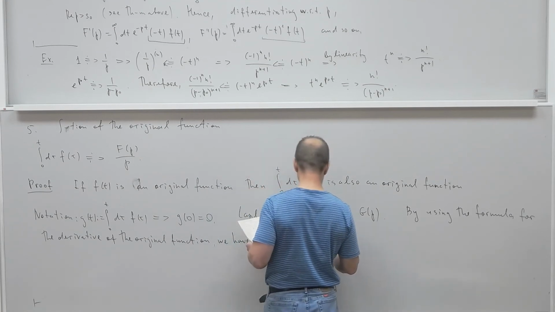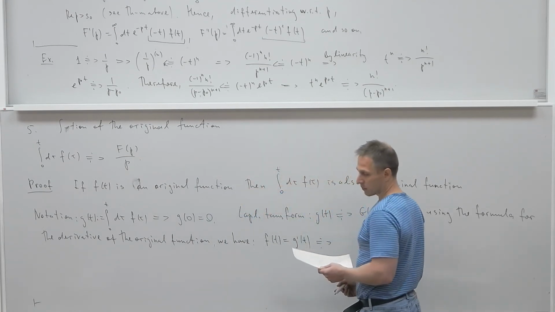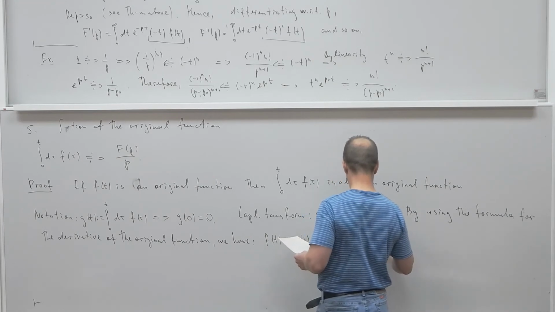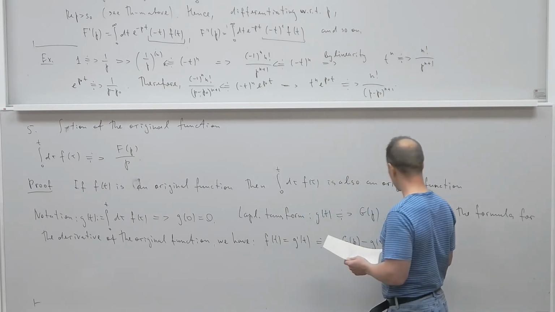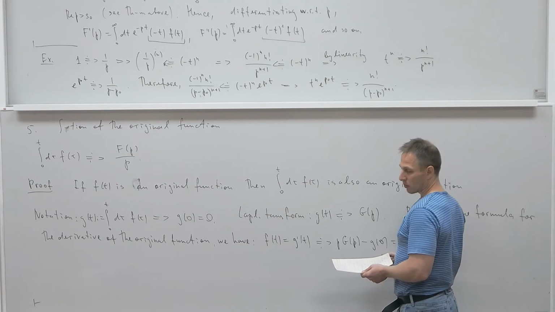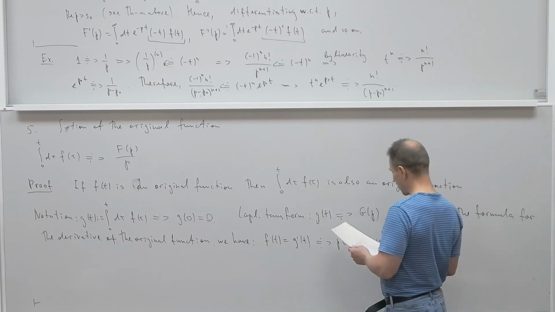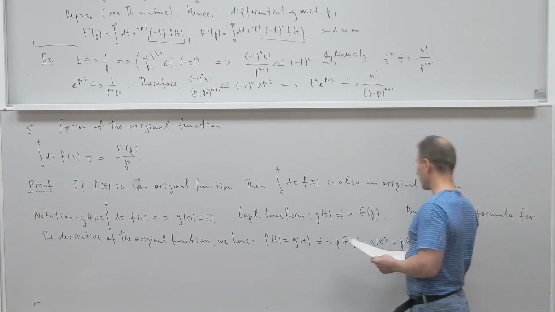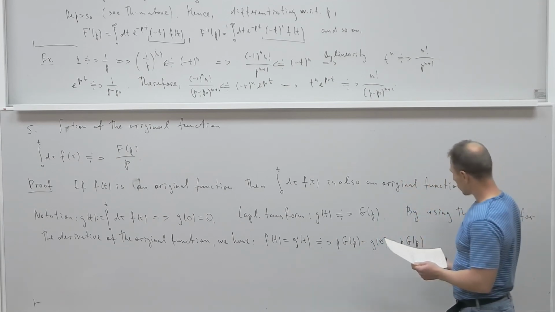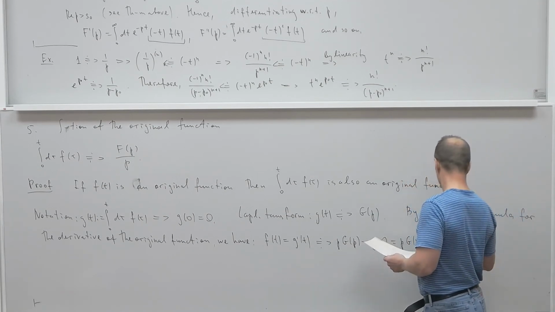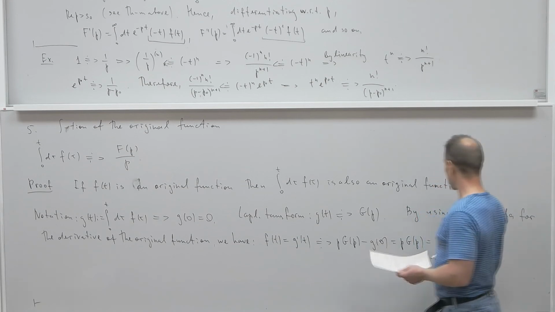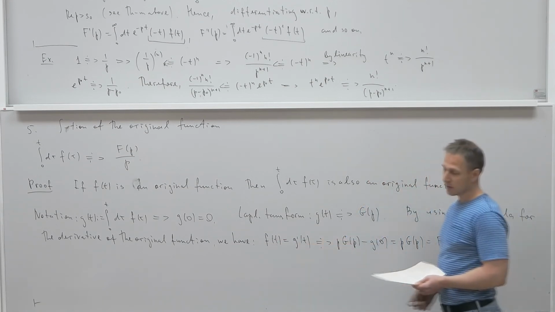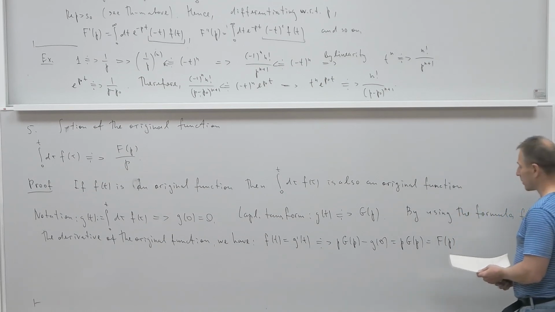On the other side, applying the formula for the derivative of the original, we have such a general expression, and using the fact that g small of 0 is equal to 0, we have this expression, and this expression must be equal to f large of p, because it is just a Laplace transform of f small of t.